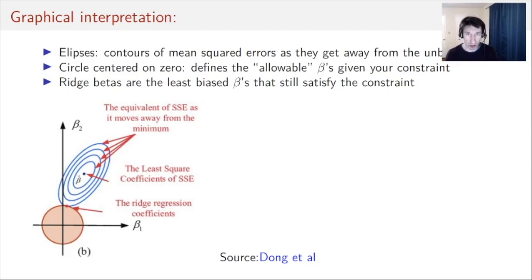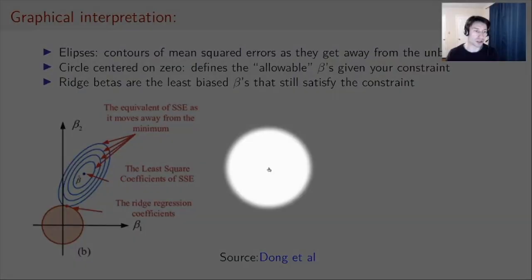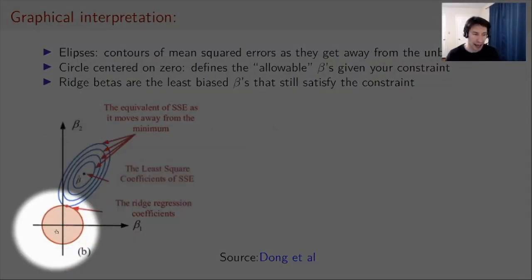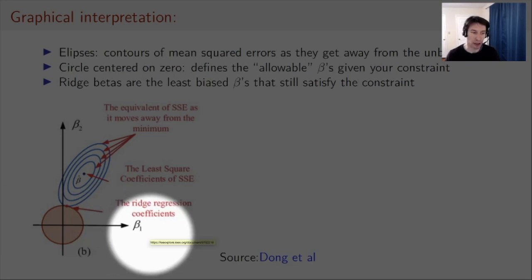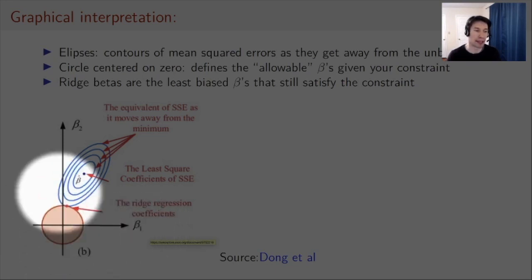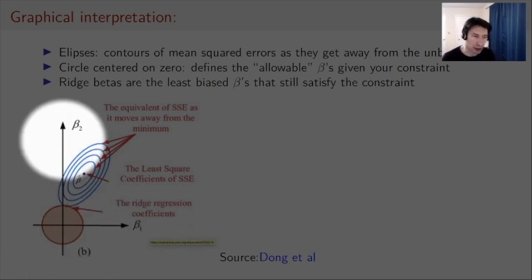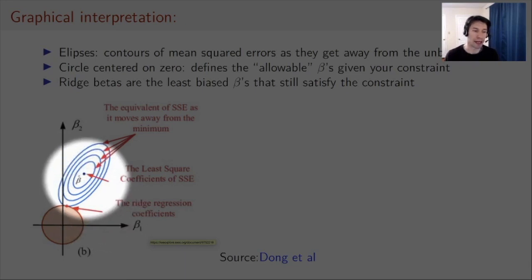So the graphical interpretation of ridge goes as follows. If you plot an axis with beta 1 on the one hand and beta 2 on the other, you can define here your beta hat. This is the least squares of your OLS coefficients: a given beta value for beta 1 and a given beta value for beta 2. This being the OLS coefficient, it's the unbiased coefficient.